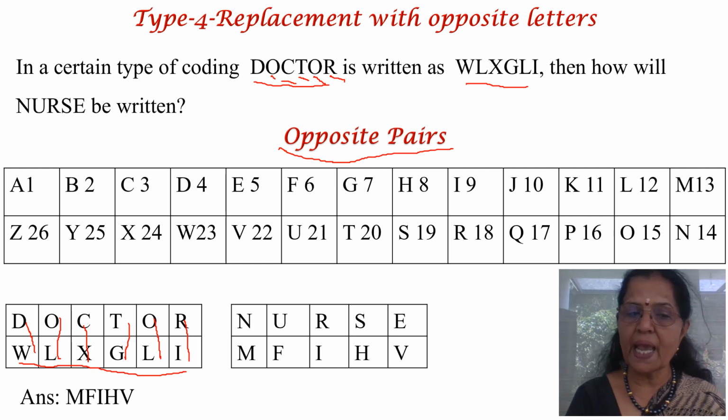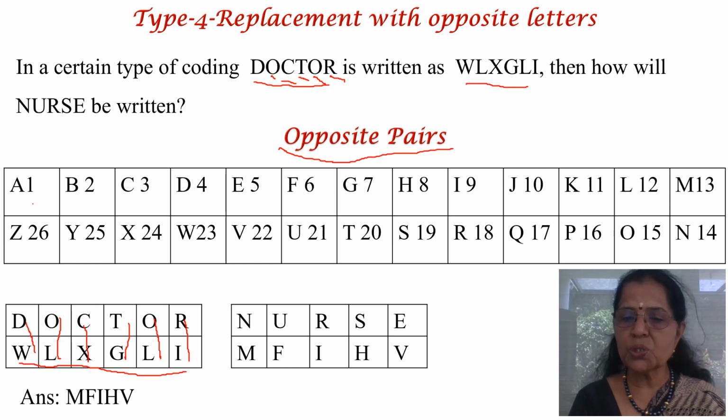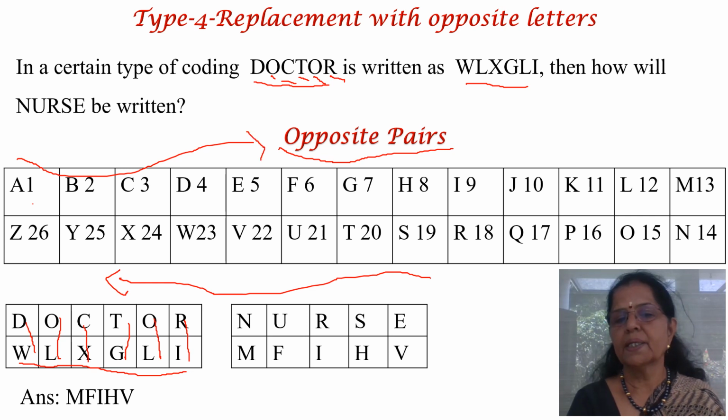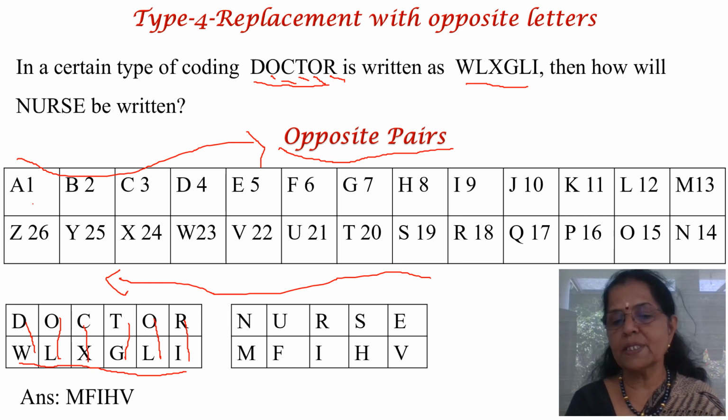Write the alphabets A to M, the first 13 letters, in the upper row, and from N to Z in the lower row, in this way, from right to left. Then you get the opposite pairs.